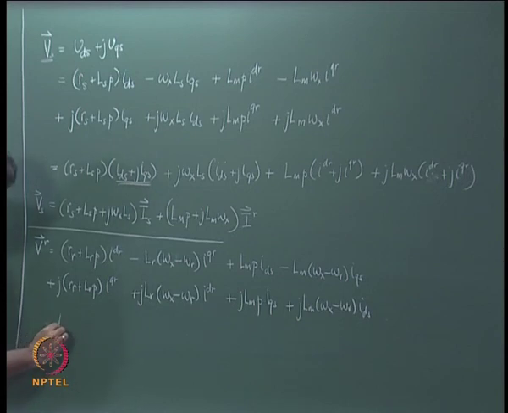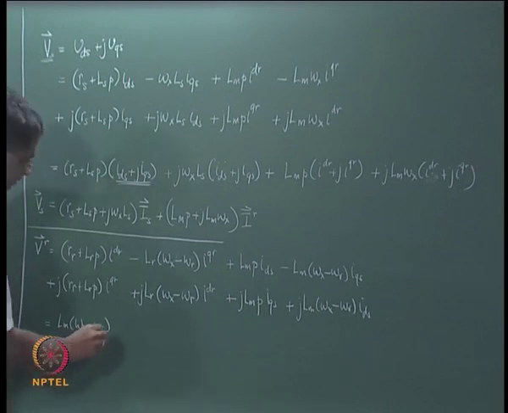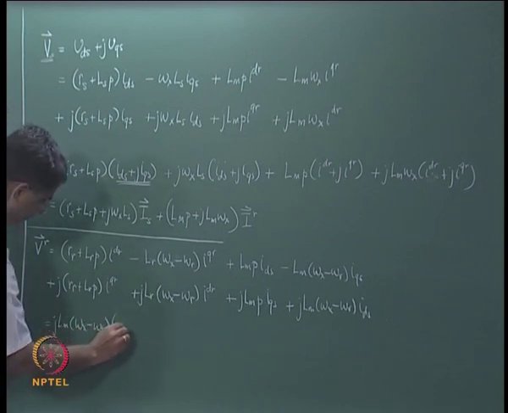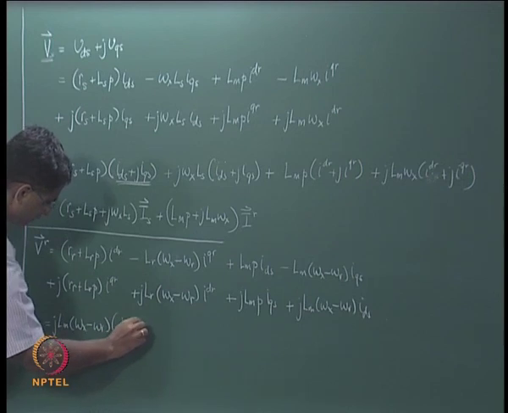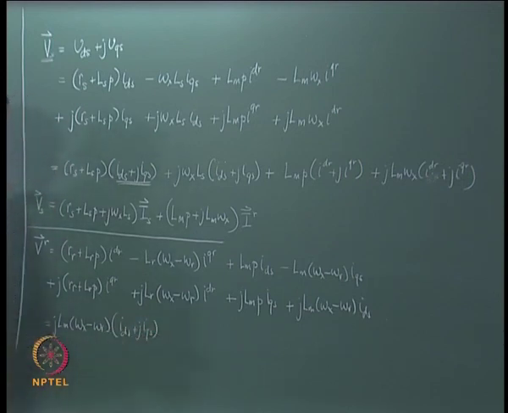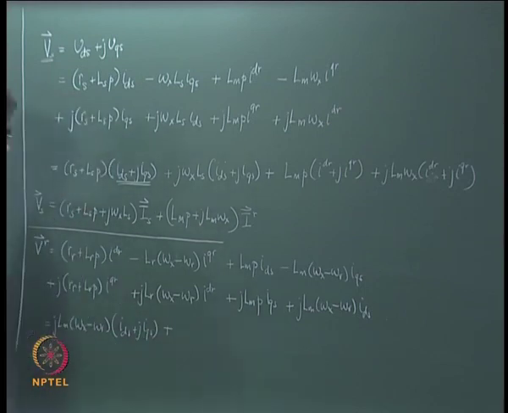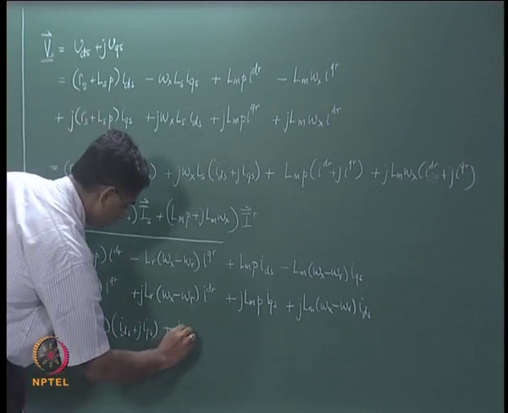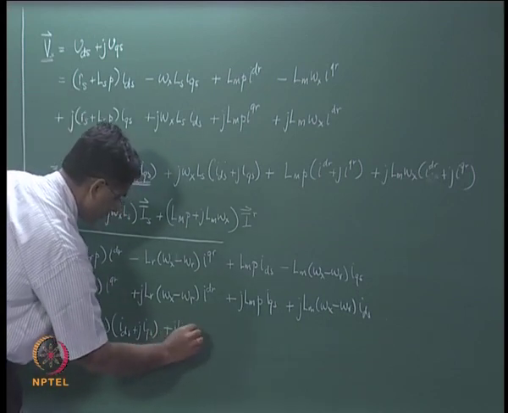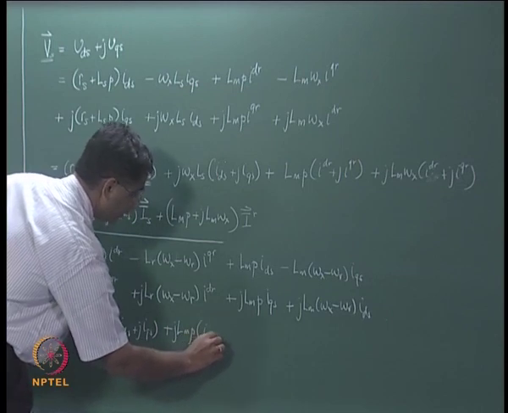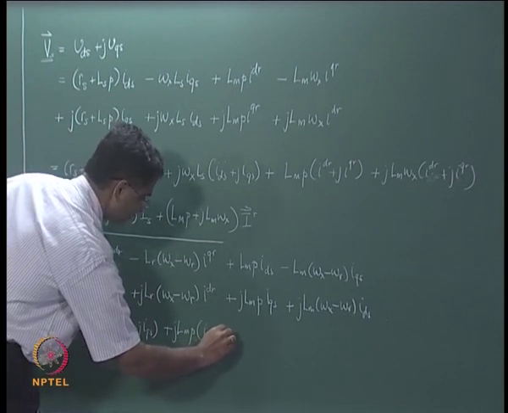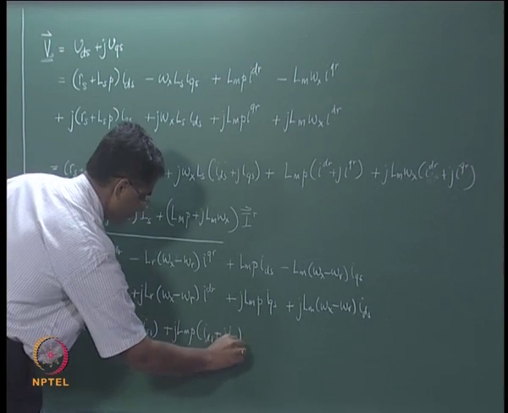So you have J times Lm into omega x minus omega r into Ids plus J times Iqs, and then plus J times Lmp into Ids plus J times Iqs.